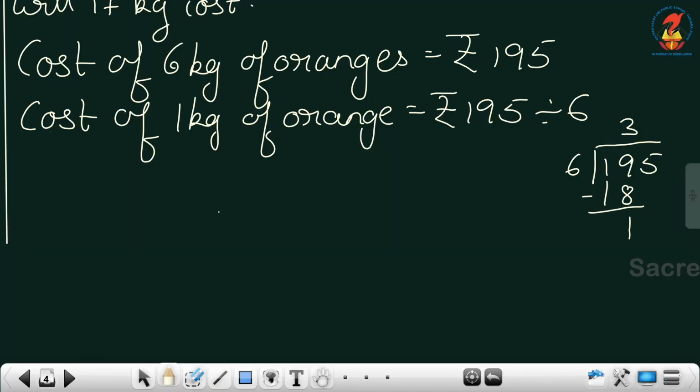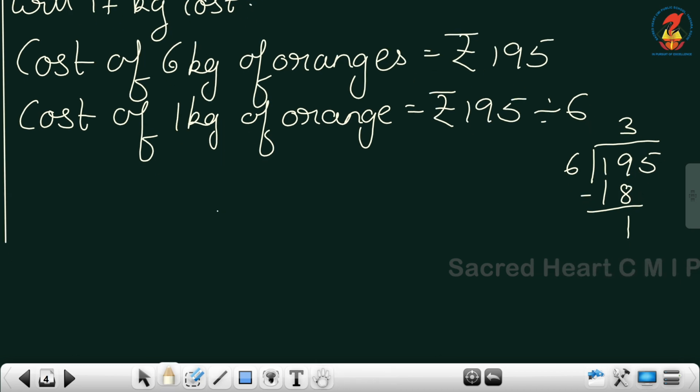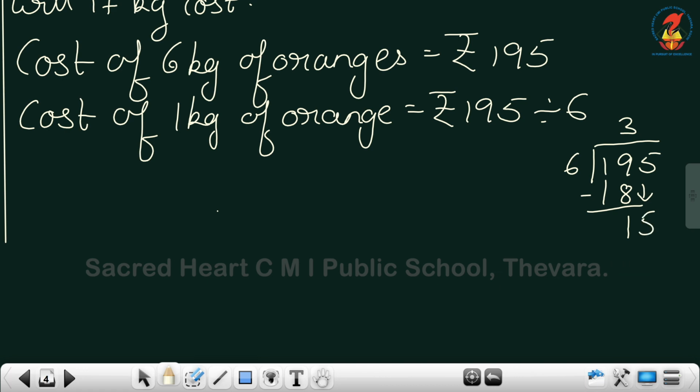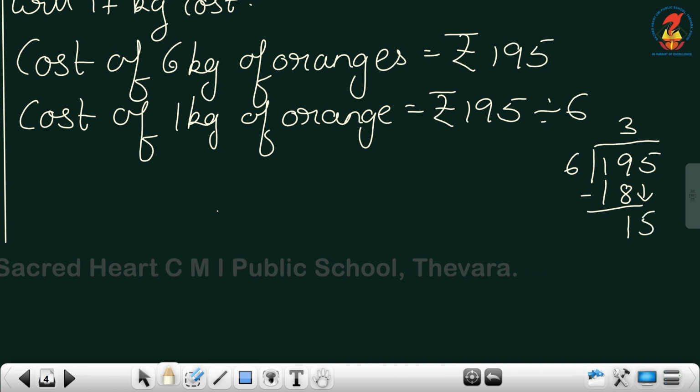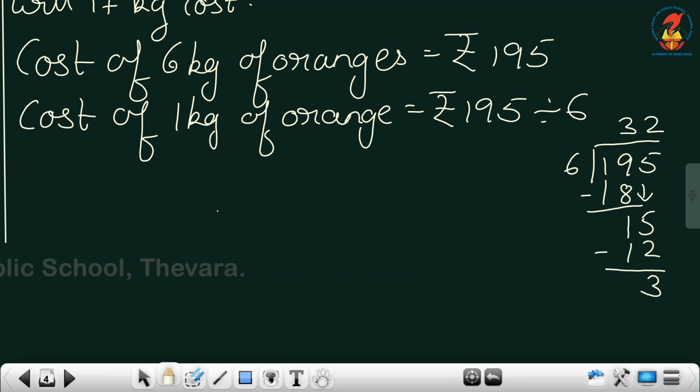When you subtract, you get 1. Bring down 5. Now, how many times does 6 go in 15? Yes, 2 times. 6 2s are 12. When you subtract, you get 3.